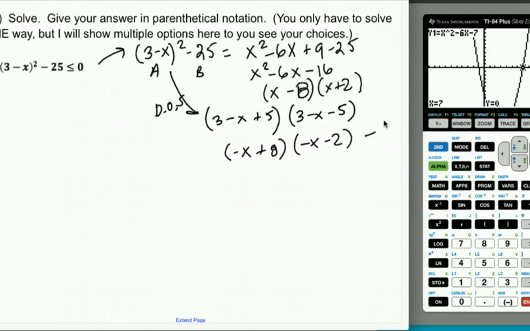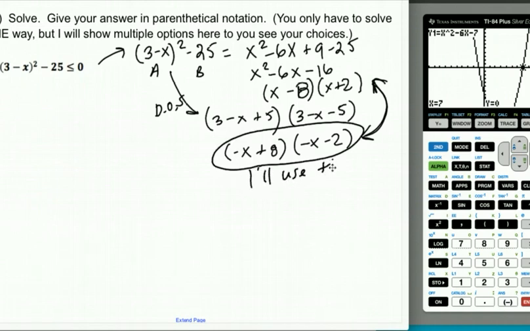Now you'll notice that these are actually the same two things, but your sign charts are going to look a little bit different. These are the same because if you were to factor a negative out of both of these, you'd get the same two factors. So it doesn't matter to me which way you do it. I'm going to pick this one just because it's different. You could also use the other one.